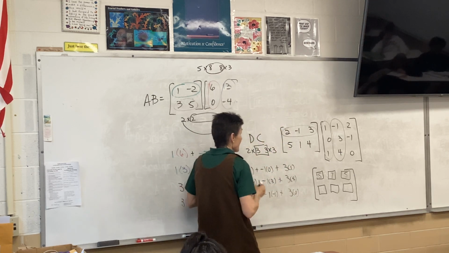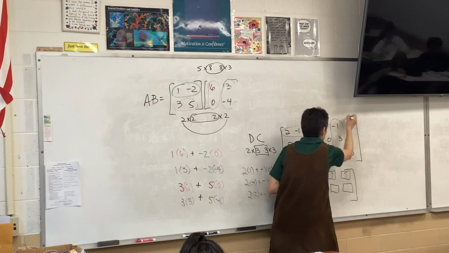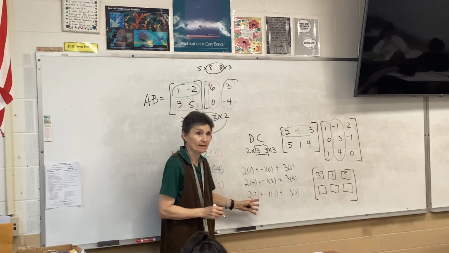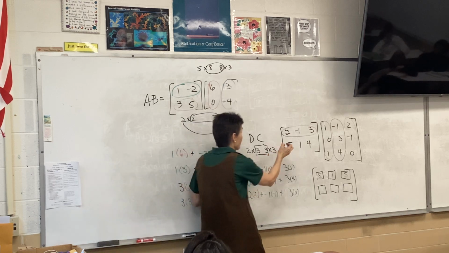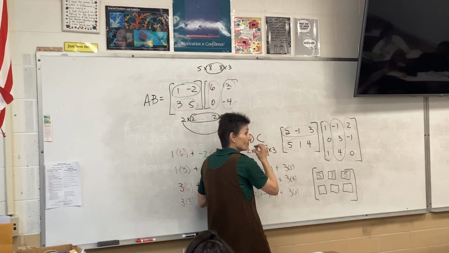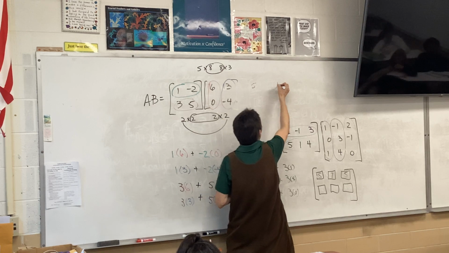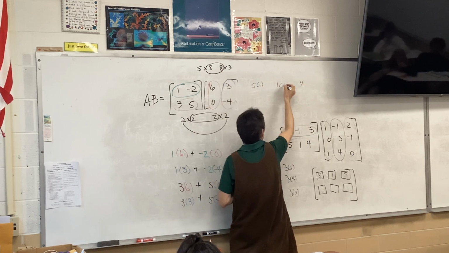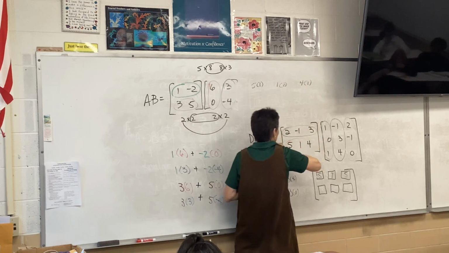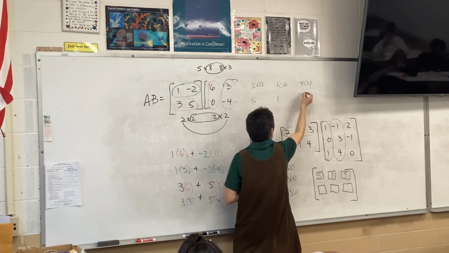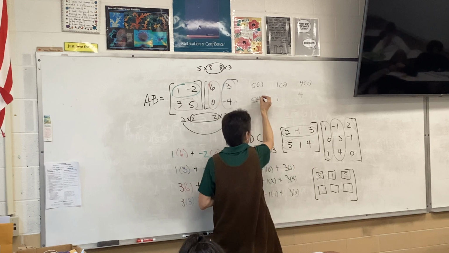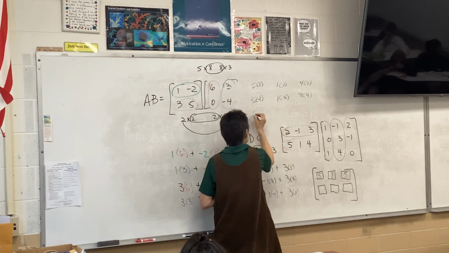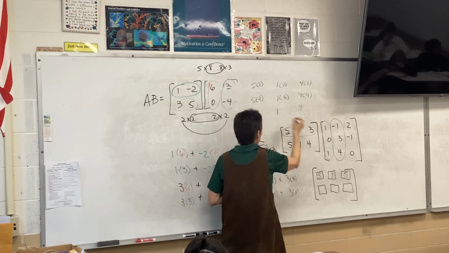All right, now I'm ready for the bottom row, so I'm gonna do exactly what I just did, except I'll be using 5, 1, 4. So I'm gonna use 5, 1, 4 with my first column. 5, 1, 4 with my second column. And 5, 1, 4 with my third column.